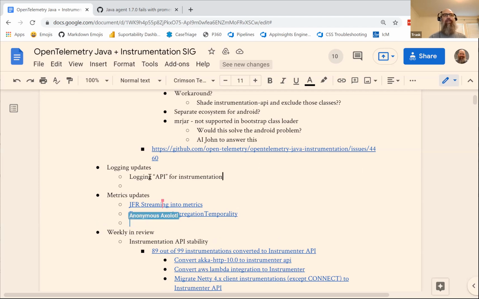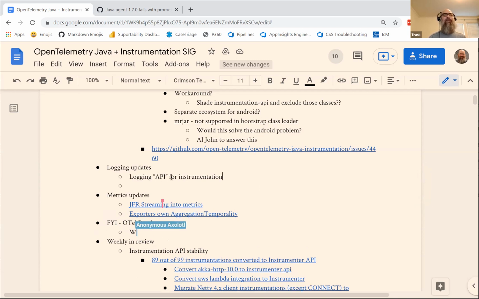So I don't know if anybody has ideas for another name for it, because we clearly don't want to advertise this as a logging API, but maybe a logging instrumentation API. I don't know. You could call it a facade.